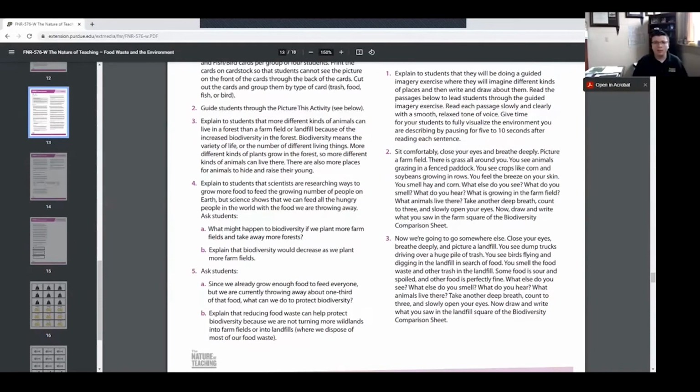So I always advise instructors with this lesson that they can go beyond what is just mentioned in the curriculum. If you have the time and the resources and you have the interest, do some research into biodiversity. A lot of our Purdue Extension educators work with farmers, and what we learn about the importance of biodiversity when planting certain types of crops or adding certain types of benefits to their land, you're going to find more animals in a diversified forest than you are in a corn, soybean, or wheat field.